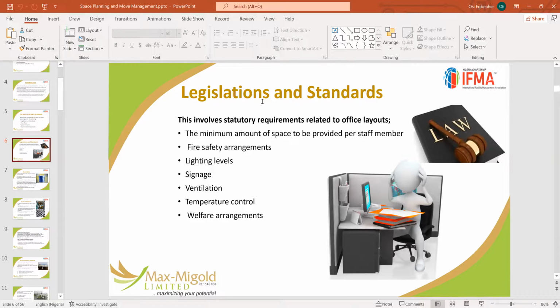Also look at welfare arrangement. Welfare arrangement will be looking at vending processes, being able to understand exactly what the staff members want and making adequate provision for them, so that from time to time they don't need to go too far from the building to snack or go on break.